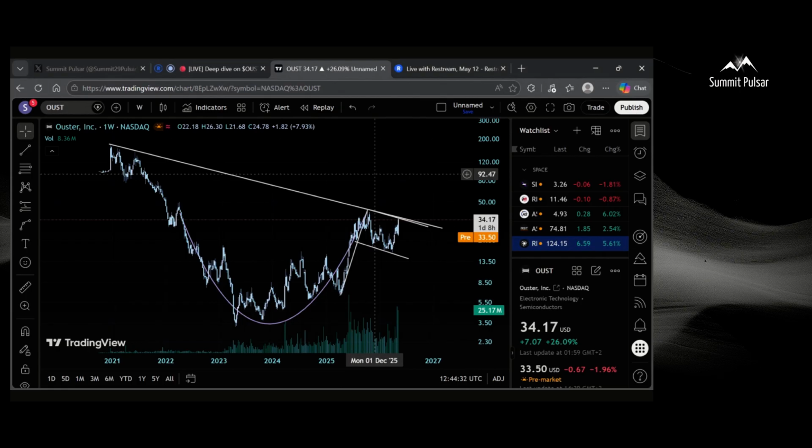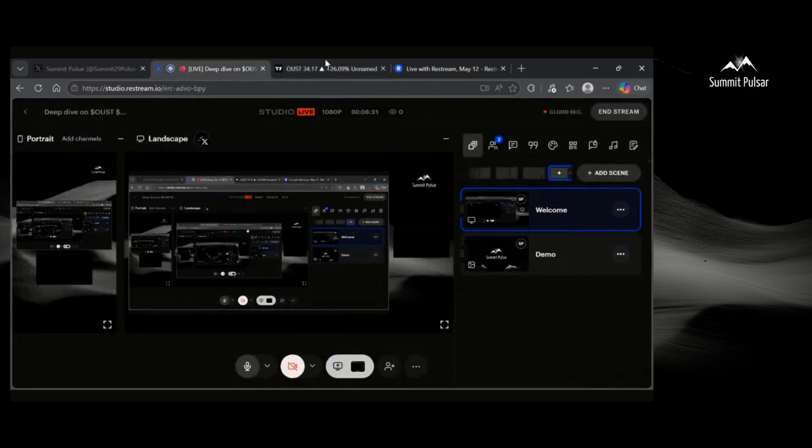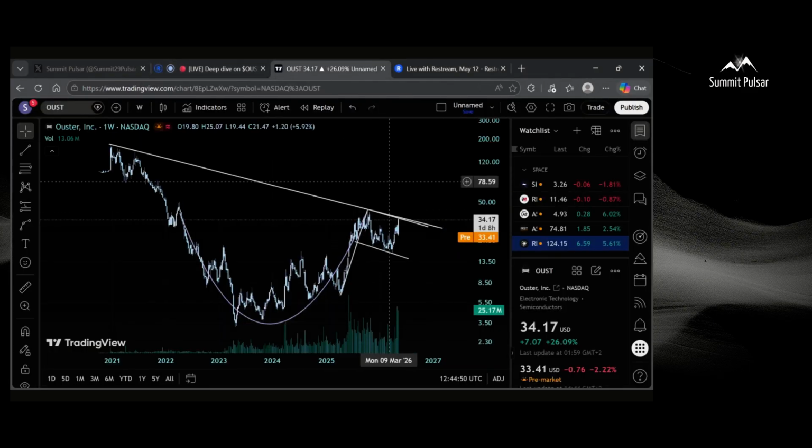Let's see. Oh, no, no, we're good. So it glitched a little bit, but we are back. Everything is well. Okay. So it glitches sometimes. I have to look up what's happening with the software, but we are back. So it is what it is.